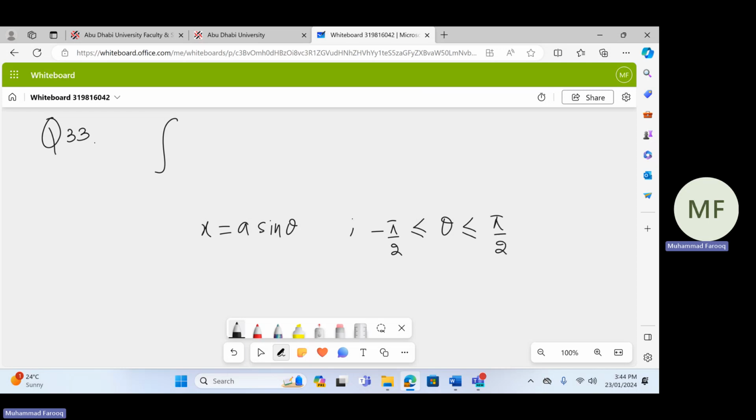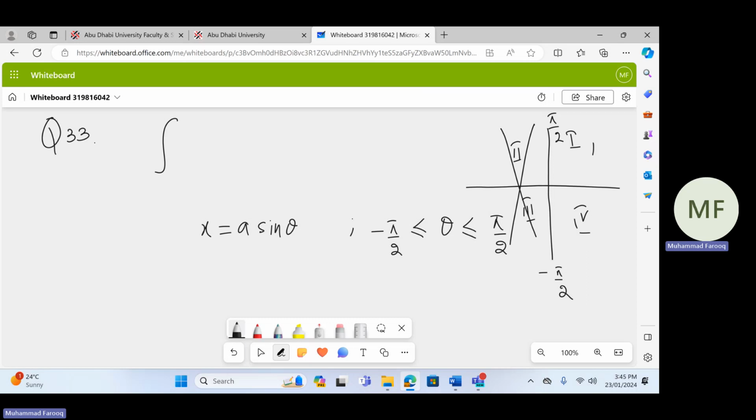Which quadrants are these? Negative pi by 2 is down and pi by 2 is up, so only quadrants 1 and 4 work for this interval.